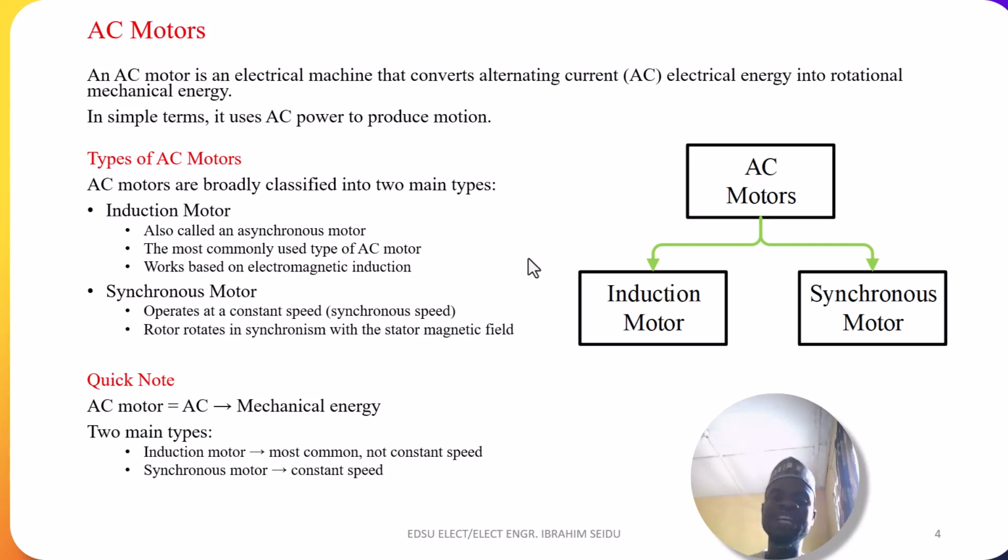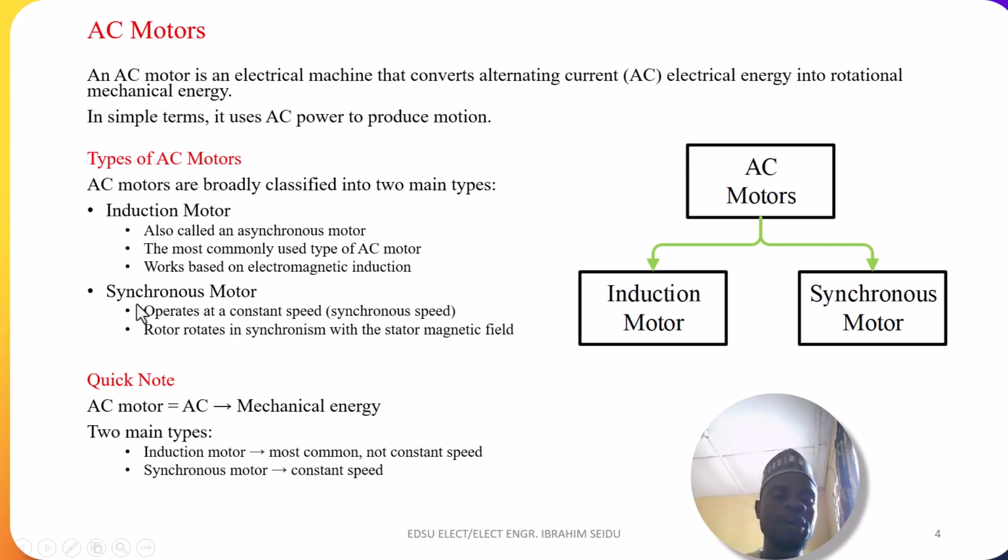It means the rotor speed and the magnetic field speed are not the same because of the slip. The rotor speed is usually lower than the magnetic field speed, so because of that we call it an asynchronous motor.